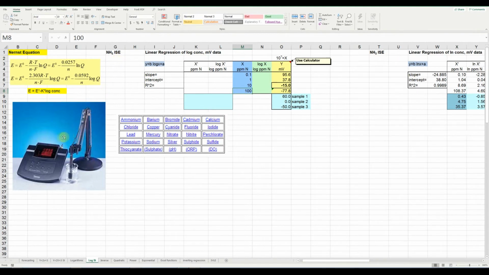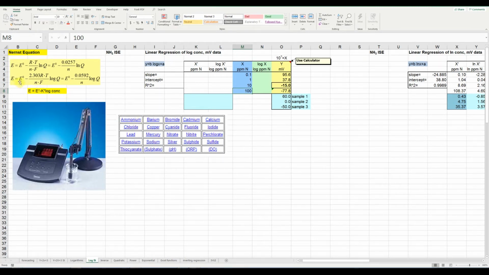An ISE instrument is the same as a pH meter, except it has a different electrode. There are many different electrodes that can be used in a specific ion meter. pH is one of many. This particular one we're using here is an ammonia electrode. Actually not ammonium, but ammonia. But ammonium can be converted to ammonia by adding base, and that's how it's used.